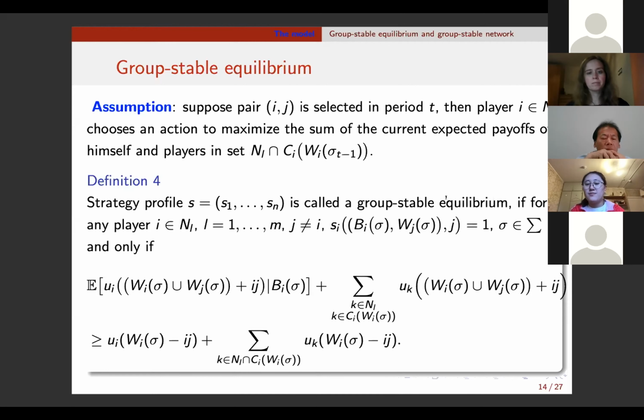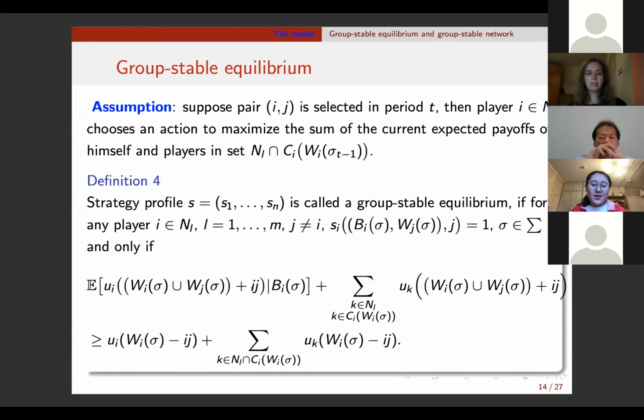group stable equilibrium. We say strategy profile S is a group stable equilibrium if for any player i, the following equality holds. The only difference between this equality and the former one is that we add the payoff of players who are in the same group as player i and also connected with him.